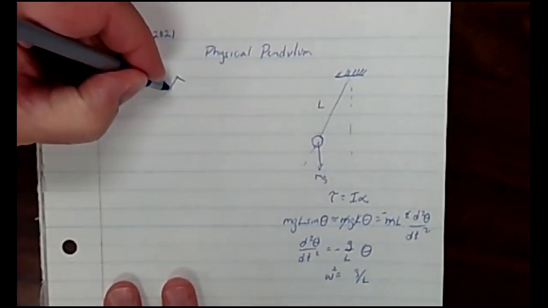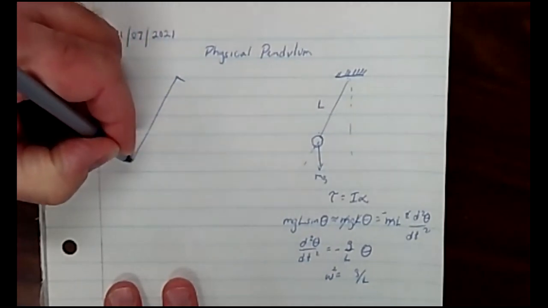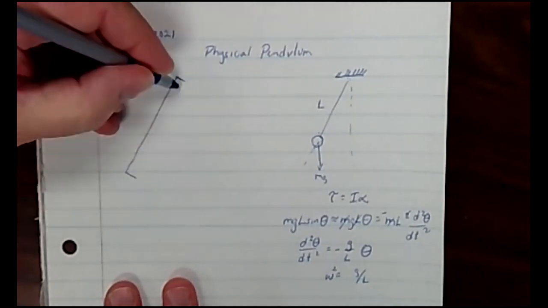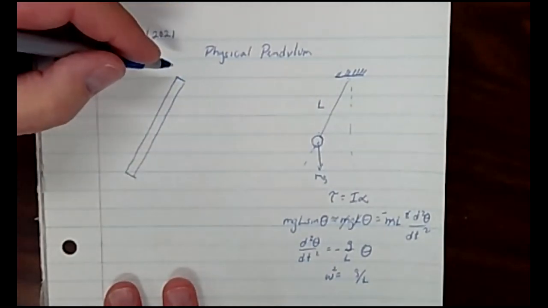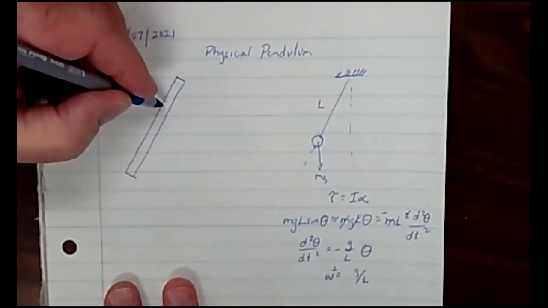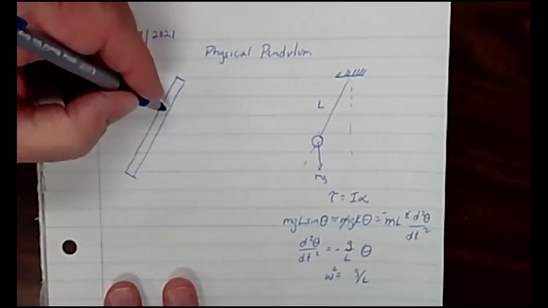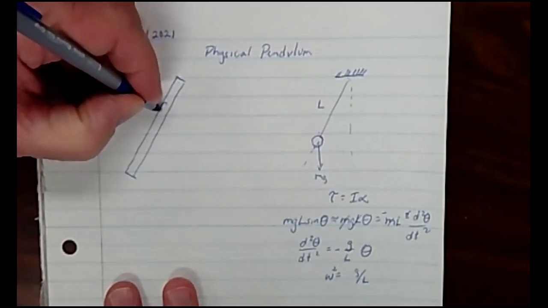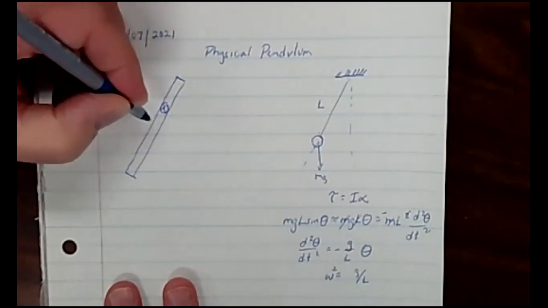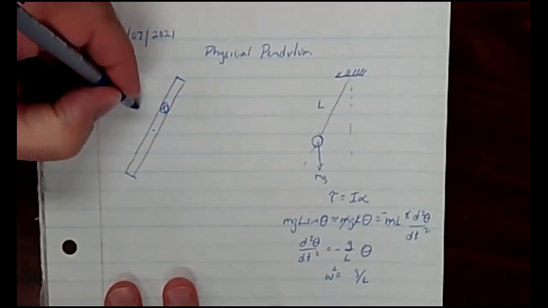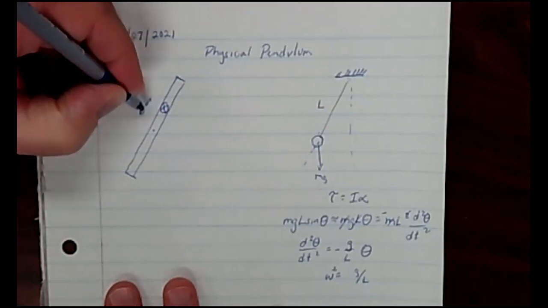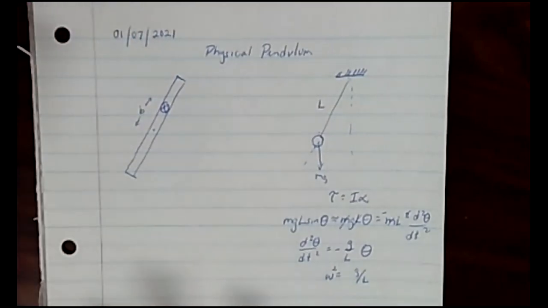We have a long, thin rod, a meter stick in this case, but it's not rotating about the endpoint. It's rotating about some point off center from the center of mass. So I'm going to call that parameter B, the distance from where it's oscillating to the center of mass.